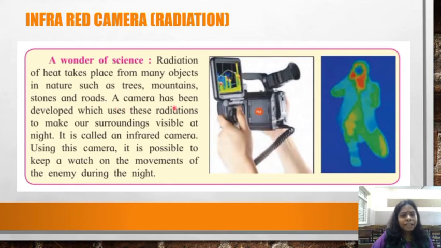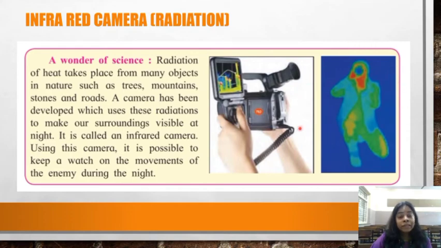A camera has been developed which uses these radiations to make our surroundings visible at night. It is called an infrared camera. Using this camera, it is possible to keep a watch on the movement of the enemy during the night. Yes children, the human beings are going to show a different aura.